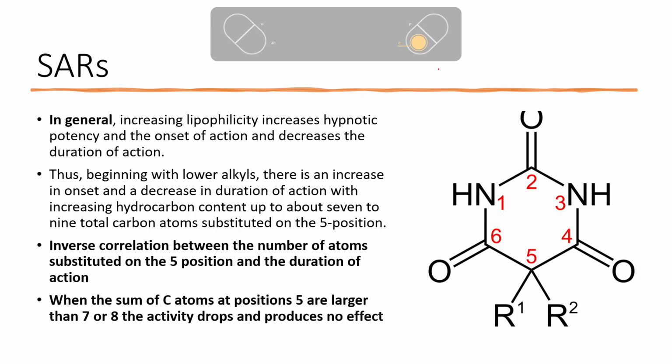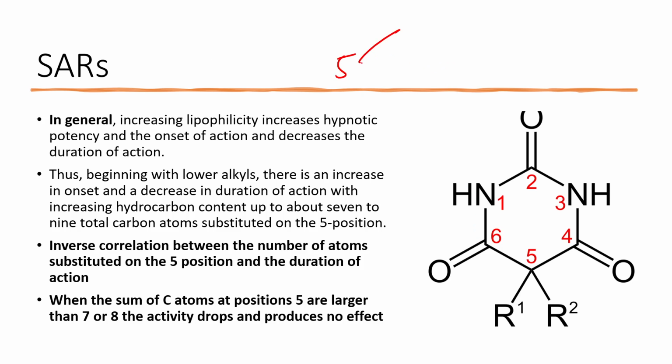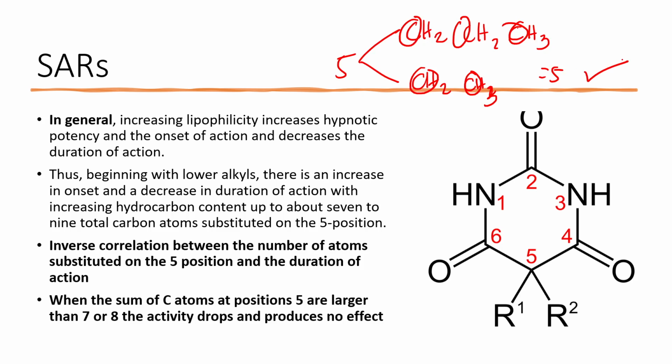So meaning, take for example, this is the 5 position. Let's have propyl and ethyl. Okay, so the sum of this is 1, 2, 3, 4, 5. It's 5, it's still good.